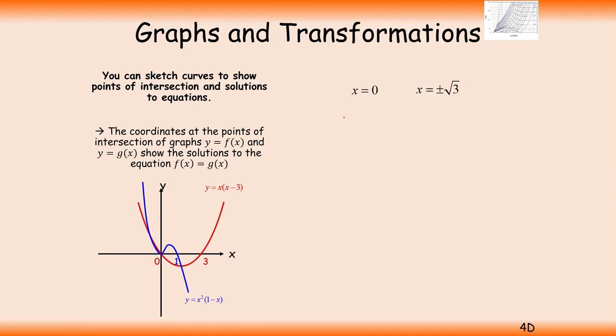I'm going to go for the easier one, which is y equals x brackets x minus 3, and if x equals 0, y is also going to be 0, because this implies that y is going to be equal to 0 times 0 minus 3, which is 0. So that's one set of coordinates.